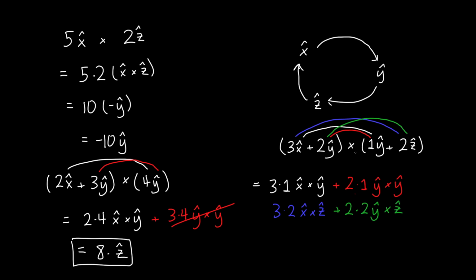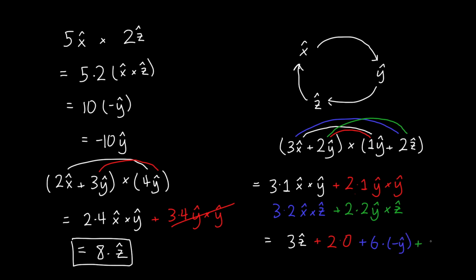And so for each of these terms, I can just look at my diagram. So we have x cross y, that just makes z. So 3z hat. Now we've got 2 times 1, which is 2, and y hat cross y hat, which is 0. So 2 times 0, or just 0. For this third term, we've got x cross z, so we're going backwards, which means we pick up a negative sign. So plus 6 times negative y hat.